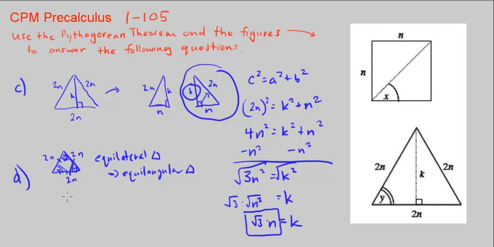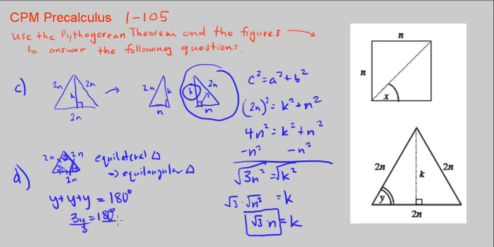And then remember that if we add up all three angles inside of a triangle, so if we have y plus y plus y, these three angles, we get 180 degrees. Okay, this is true for every triangle in the world. If you add up the three angles inside of it, no matter what kind of triangle it is, they add up to be 180 degrees. So y plus y plus y is 3y.